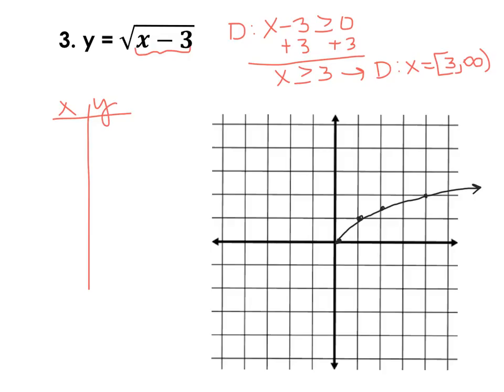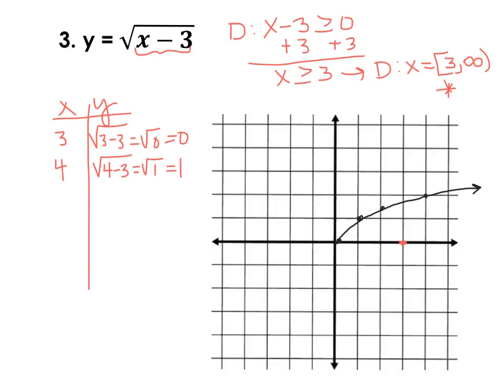If I start with the number that's in my domain, 3, the square root of 3 minus 3 would equal the square root of 0. And that's just 0. Over on the graph, I'm going to count 3 to the right and put my dot. If I pick 4, square root of 4 minus 3 is the square root of 1, and that equals 1.